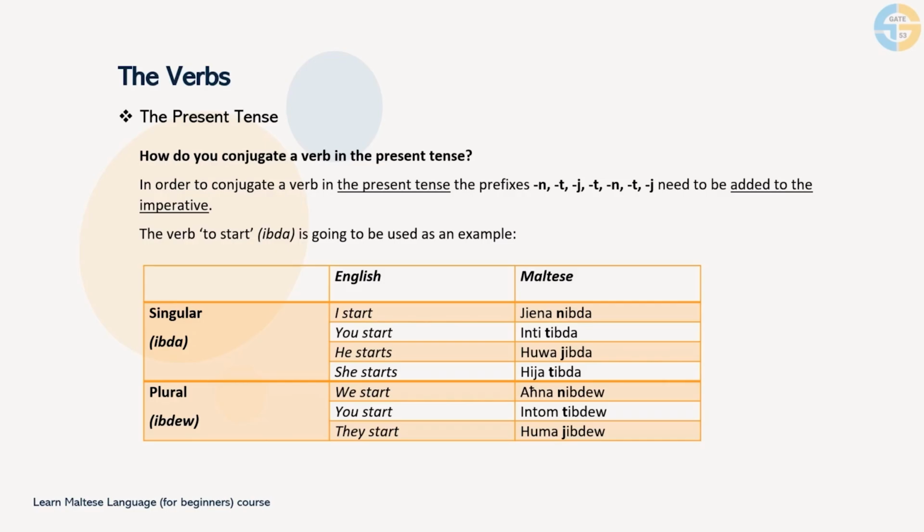So how do you conjugate a verb in the present tense? We know now what the imperative is. In order to conjugate a verb in the present tense, the prefixes n, t, y, t, n, t, y need to be added to the imperative.